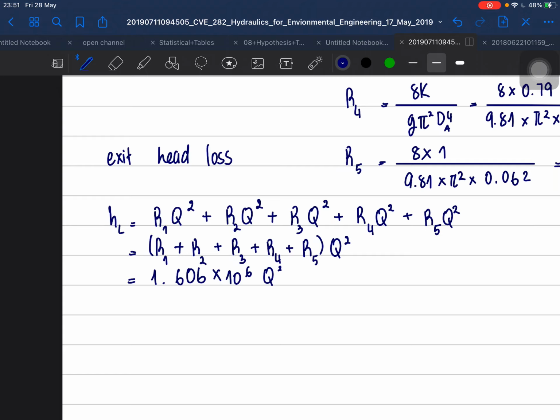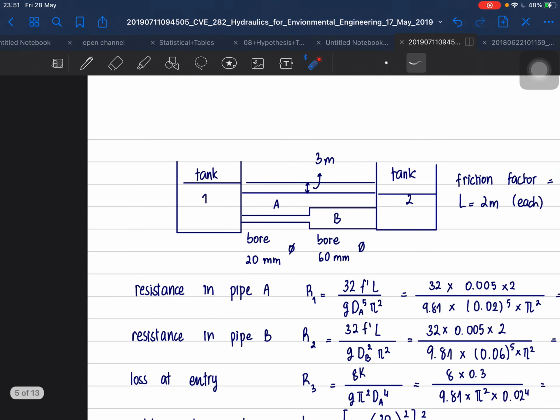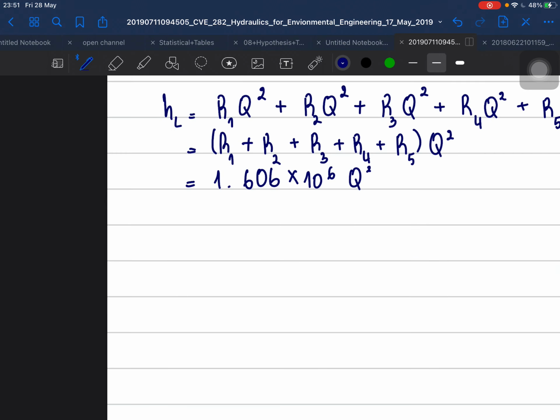We then can continue to apply the Bernoulli equation between the free surface of 1 and 2. So where's the free surface? It is this free surface and this free surface. So according to this free surface, we can apply Bernoulli.